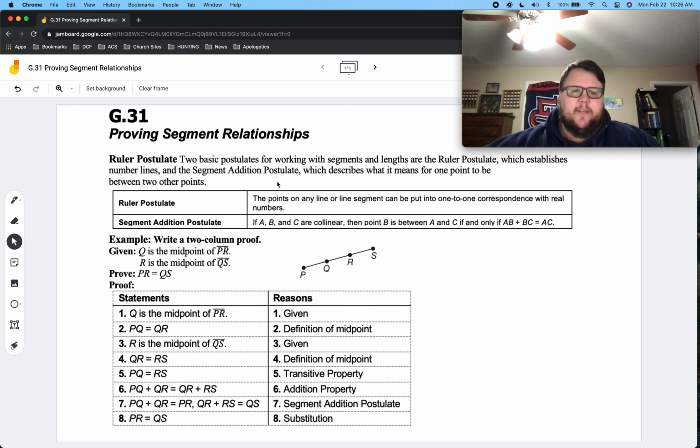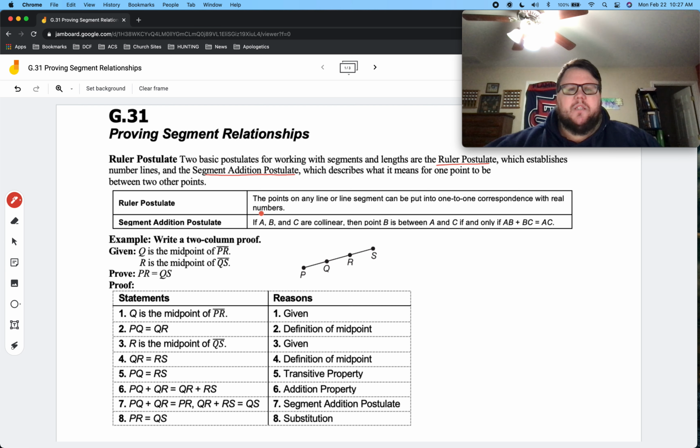The ruler postulate. Two basic postulates for working with segments and lengths are the ruler postulate, which establishes number lines, and the segment addition postulate, which describes what it means for one point to be between two other points.